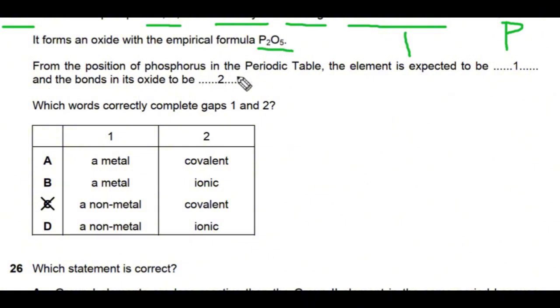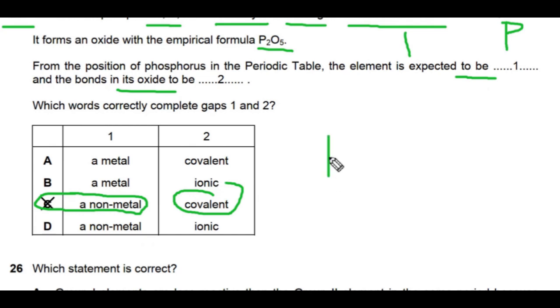From the position of phosphorus in the periodic table, the element is expected to be a non-metal, because in the periodic table groups 1, 2, 3 are metals, and 4, 5, 6, 7 are non-metals. So it is a non-metal, and the bonds in its oxide will be covalent, because phosphorus pentaoxide, or phosphorus(V) oxide, has phosphorus group 5 non-metal and oxygen group 6 non-metal.